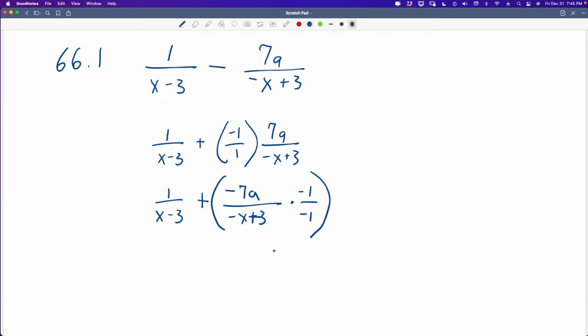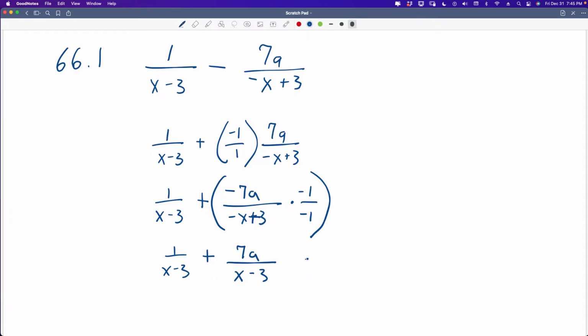But it's not going to change the value, okay? So this will then become 1 over x minus 3 plus, negative times a negative is a positive, 7a, and then a negative times a negative is a positive, so that's now positive x, and a positive 3 times a negative 1 is now a negative 3. Now we have the same denominator.